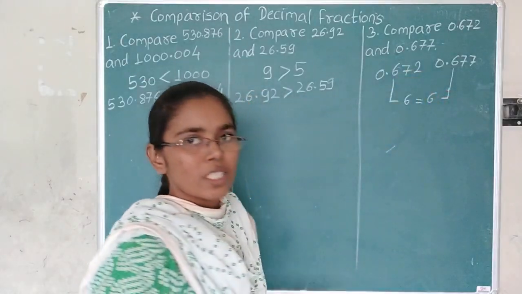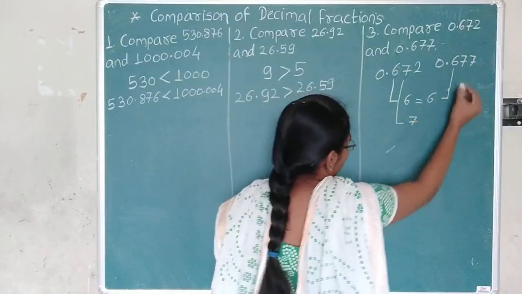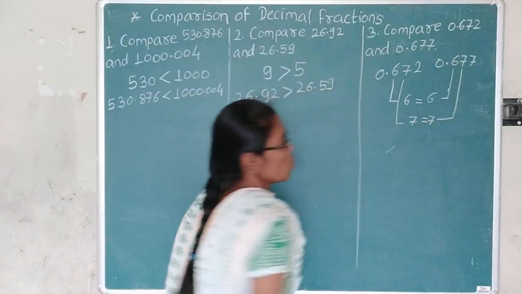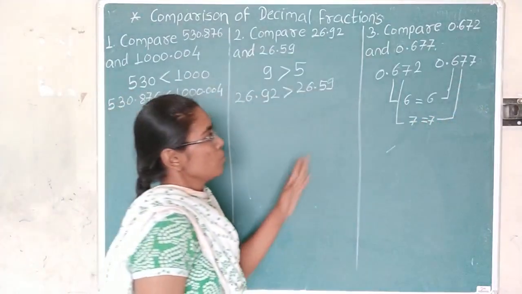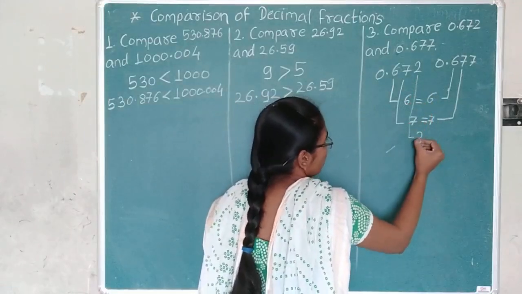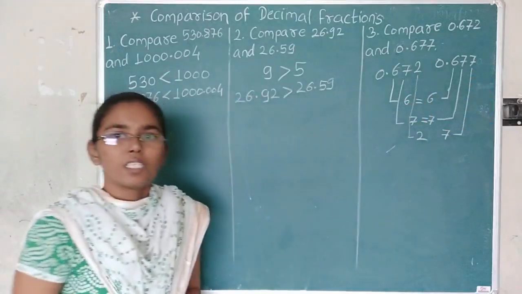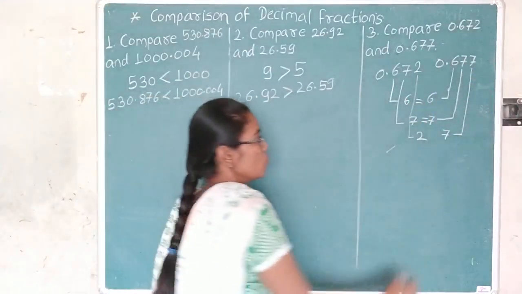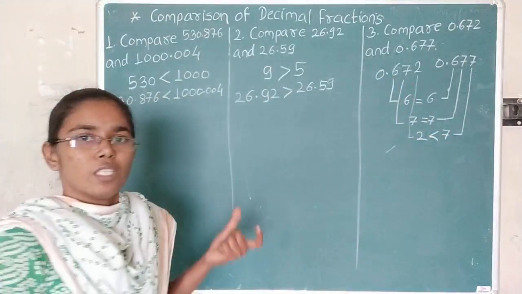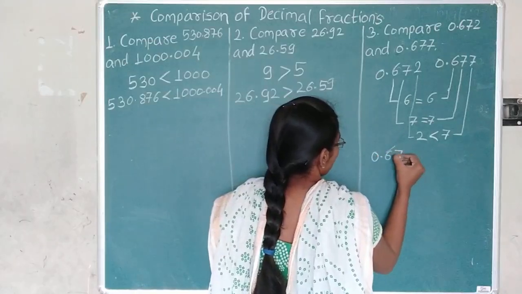Now we will move towards the next digit: here we have 7, and for this decimal also 7. So again these 2 are equal. Now we will move to the next: here we have 2, and for this decimal we have 7. The relation between 2 and 7 is that 2 is less than 7. So the same relation holds between the 2 decimal numbers, so 0.672 is less than 0.677.